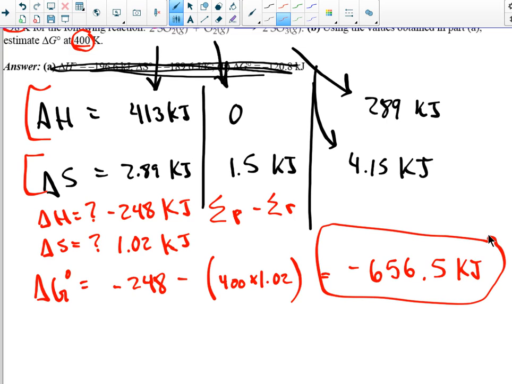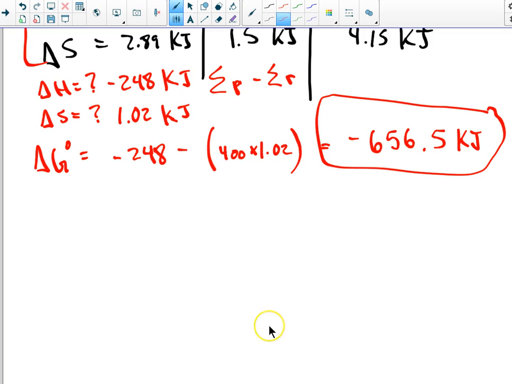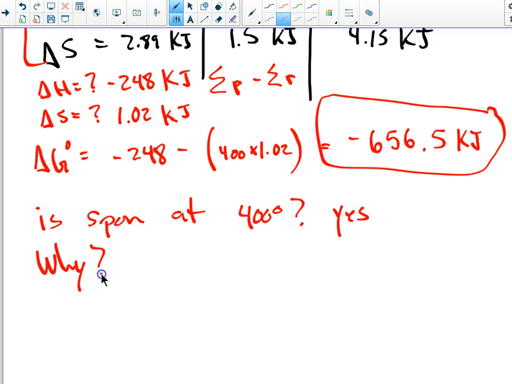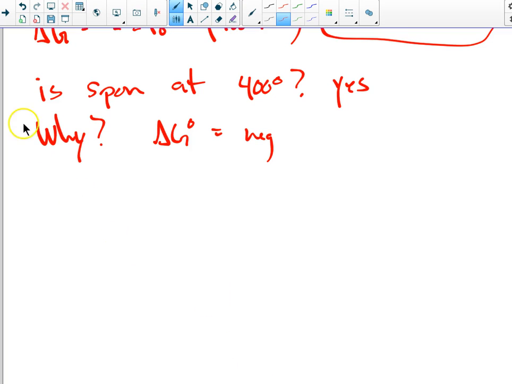Okay, now, on these questions, they'll always ask at least one qualitative question. Is this spontaneous at 400 degrees? Yes. Why? Delta G is a negative value. Okay with that? If delta G is negative, it's spontaneous. All right? They will often ask another question here.